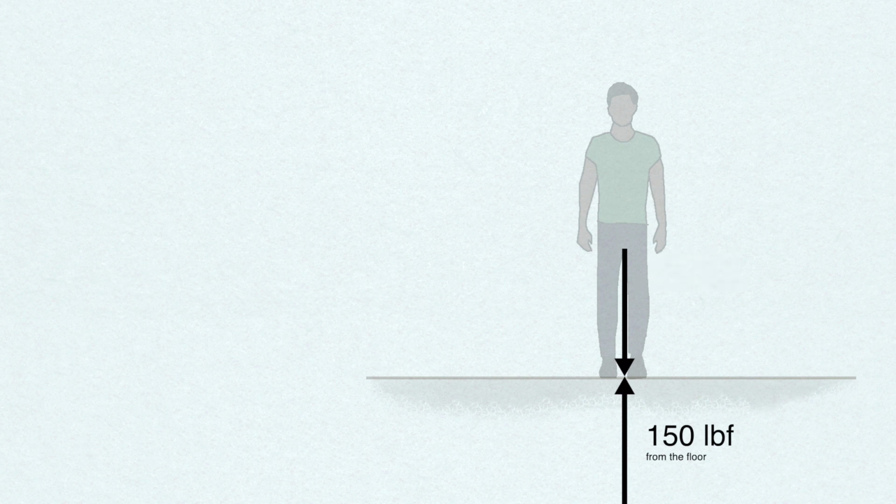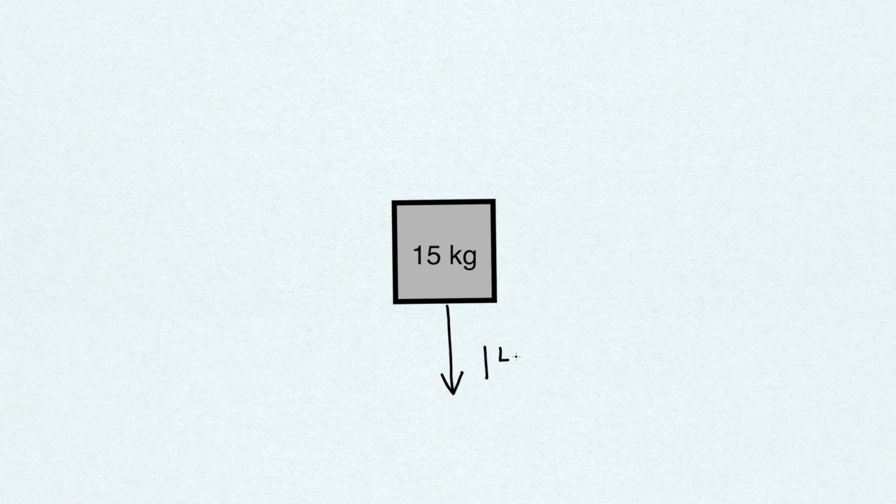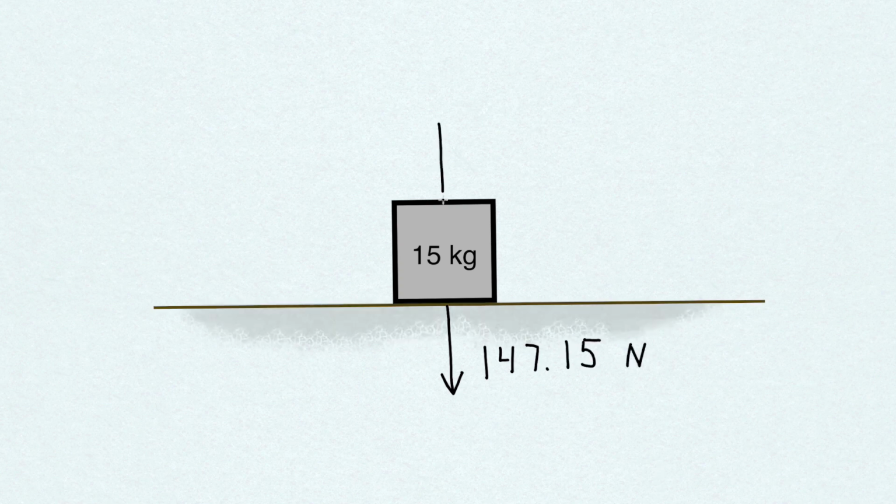The 150 pounds of force is due to gravity, and the 150-pound reaction of the floor is the normal force. So going back to this example, if we have an action of 147.15 newtons due to self-weight, we must have an equal and opposite reaction because the floor is supporting the object.